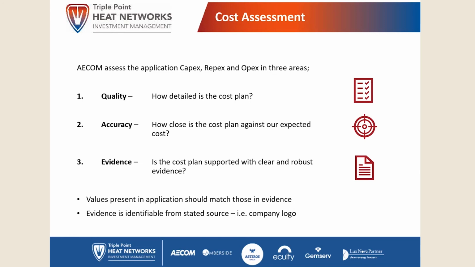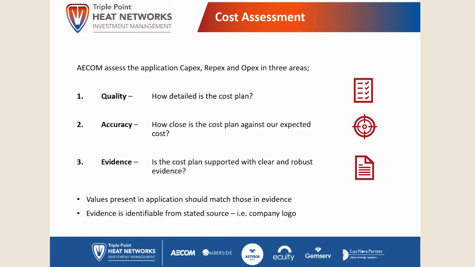If you just give a lump for the cost of the energy center, it may hit the same metric that we have in our model, but it's not very detailed. It doesn't suggest that you've gone into the assessment in any detail, and therefore it makes us less comfortable, I think, with the costs, would be the way I describe it.